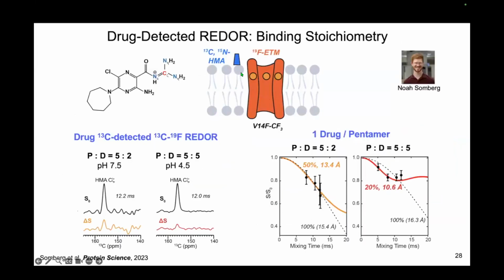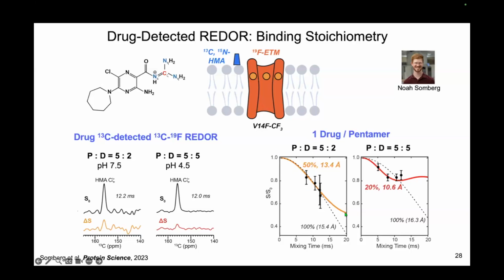And so here I want to show you data combining C13 and 15N labeled drug with a fluorinated protein. We observed the drug signal, C13 and 15N, as dephased by the protein. And we have 2 samples. In one, we have 2 equivalents of drug added to 5 protein monomers.